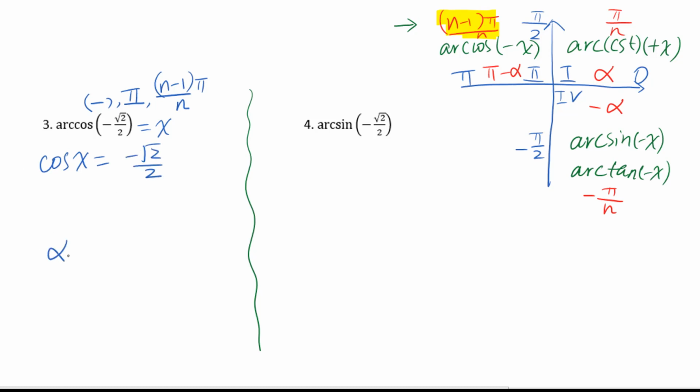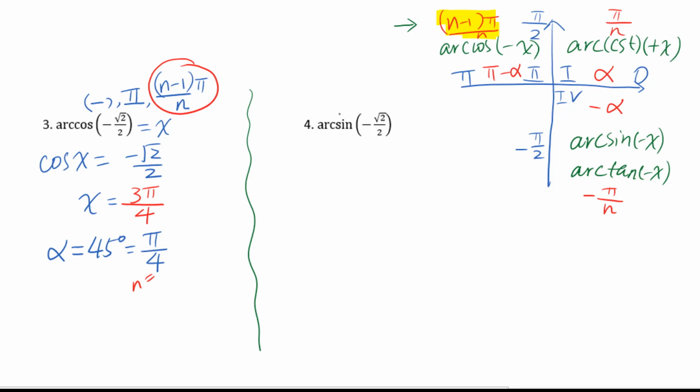Find the reference angle first. Since cosine 45 degrees equals square root of 2 over 2, alpha equals 45 degrees, which is pi over 4. What does x equal? Remember, you have to use this pattern. We figure out n equals 4. So x equals 3 pi over 4.